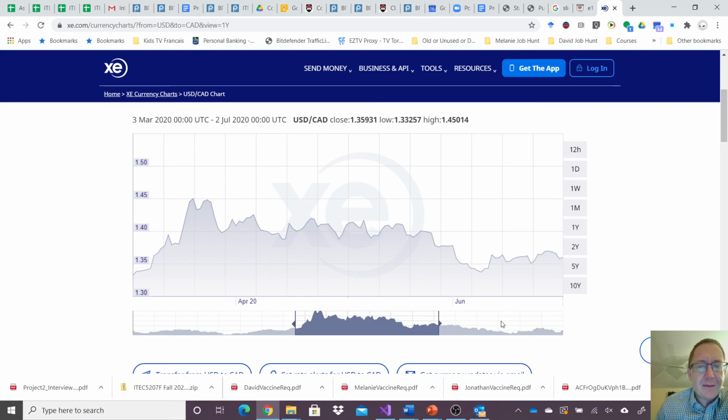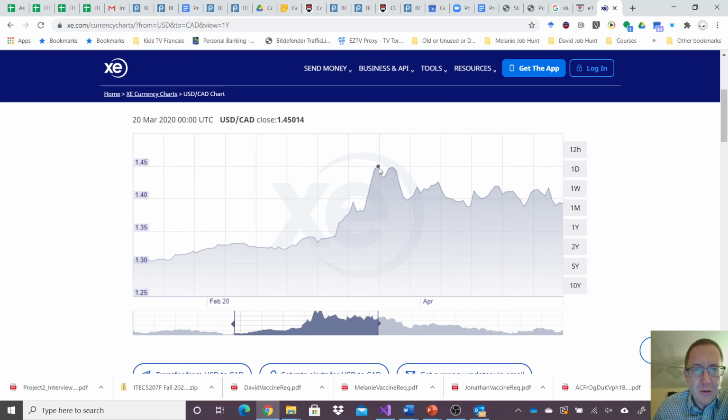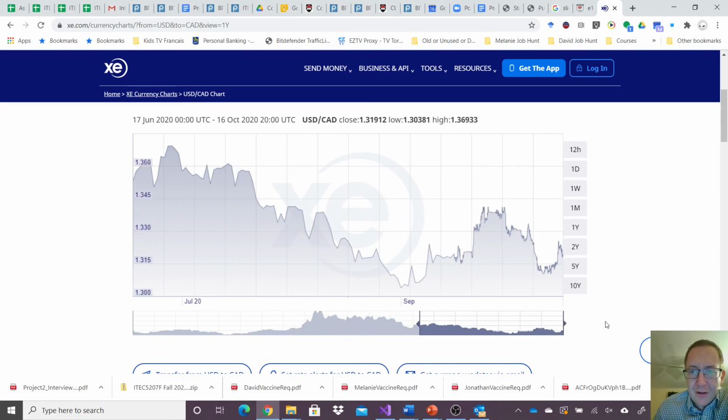But then when you take a step back and you look at it, you go, actually, it didn't drop that much. Right? This is a huge run up for the US dollar to the Canadian dollar. This is what year? March 2020. All right. And then it goes back down again, down over here.